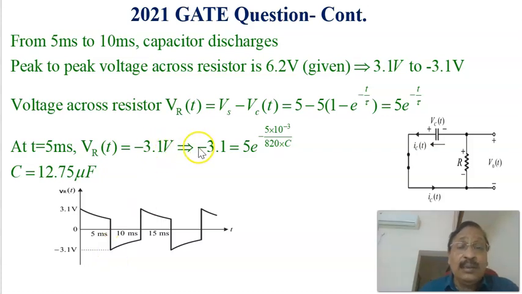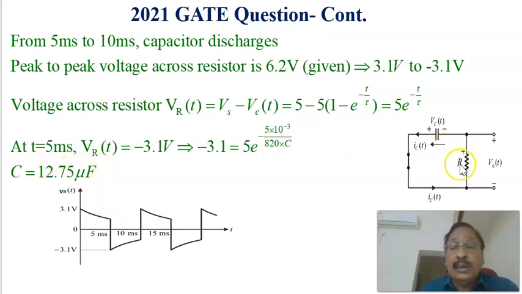So minus 3.1 equals 5 into e raised to minus 5 into 10 raised to minus 3 divided by RC. R is given as 820, times C. Solving this equation, we can get the unknown C. The value of the capacitor C is 12.75 microfarad.